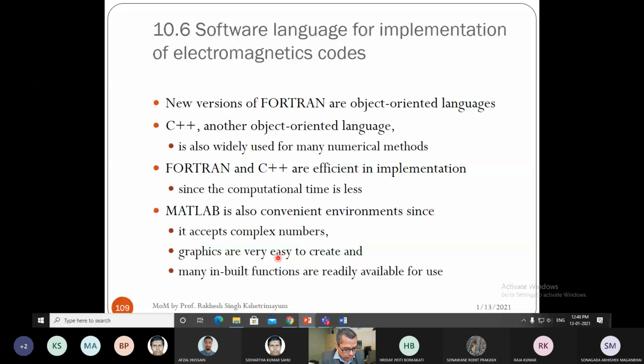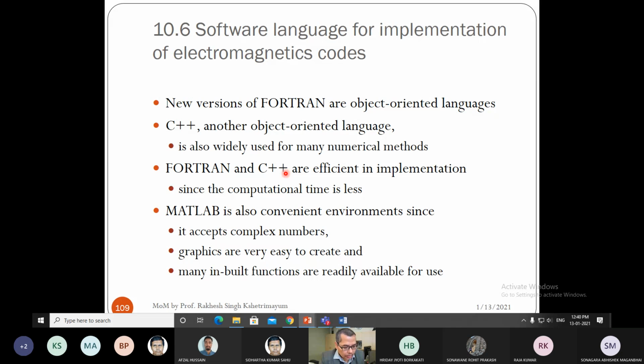So most of the time we'll use MATLAB, but let's say nowadays you are very much worried about your job prospects, you know, later after you finish your MTech, you want to get a job, you can even explore programming languages like C++, Java, or nowadays Python.